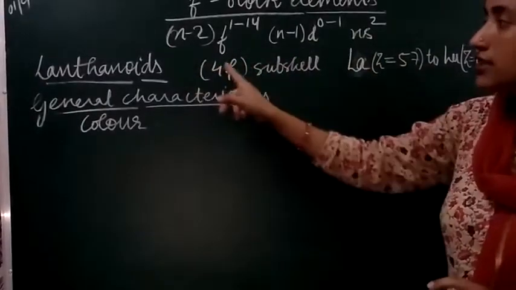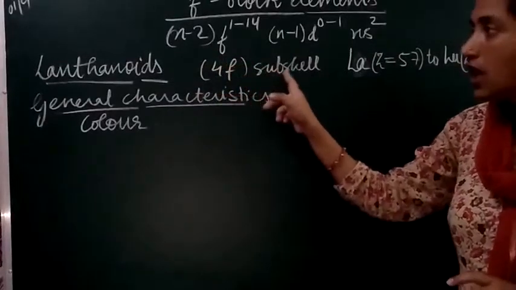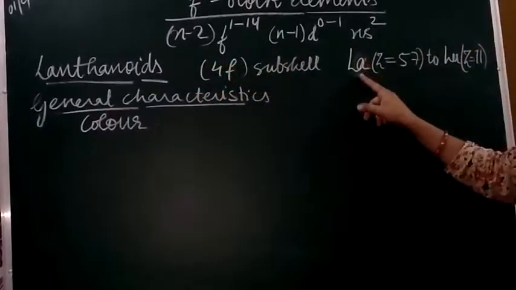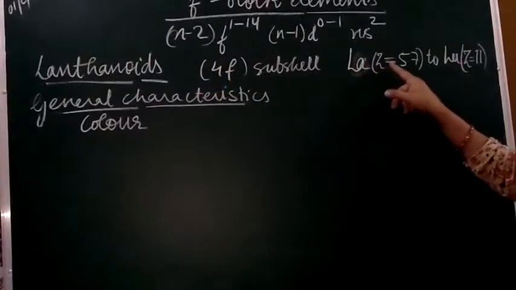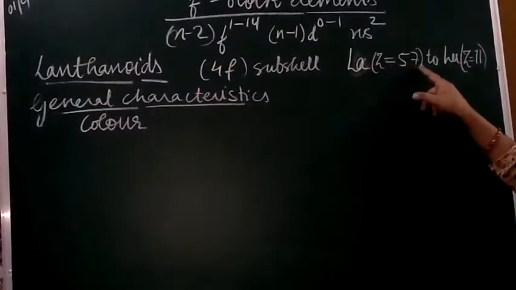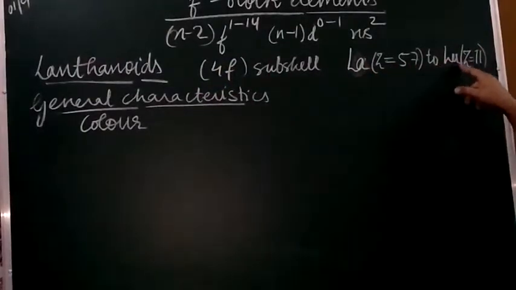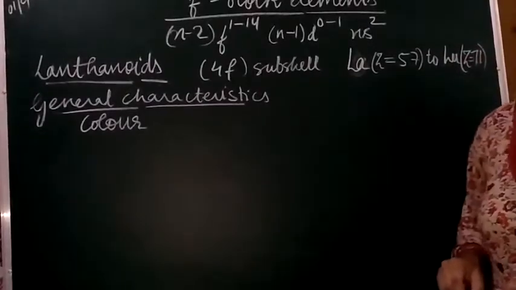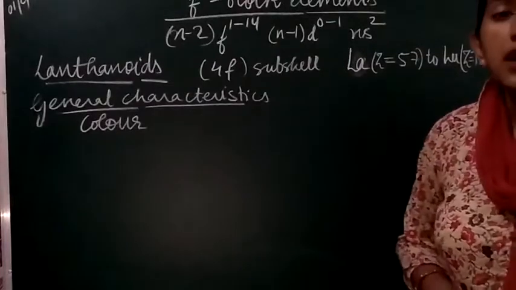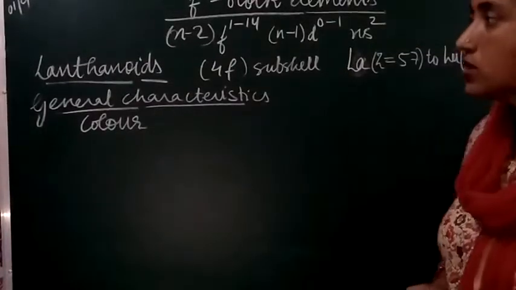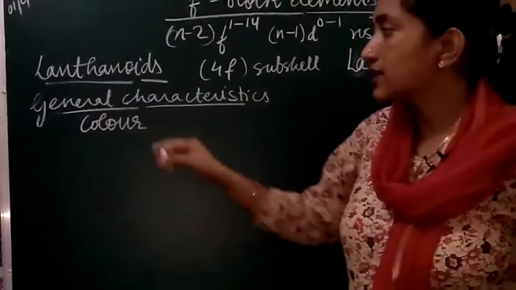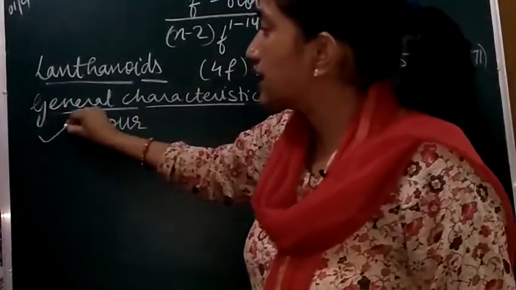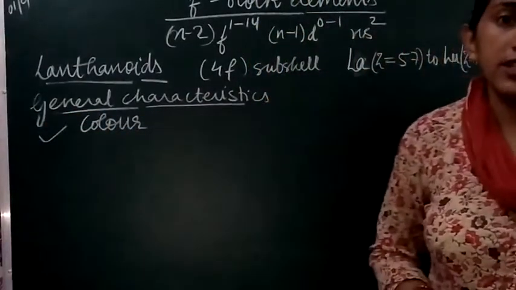The lanthanoid series starts from lanthanum, and its atomic number is Z equals 57, to lutetium Lu, Z equals 71. These elements, lanthanoids and actinoids, are known as the inner transition elements. Now students, we will come to the next characteristic of the lanthanoids, that is the color of the lanthanoids.